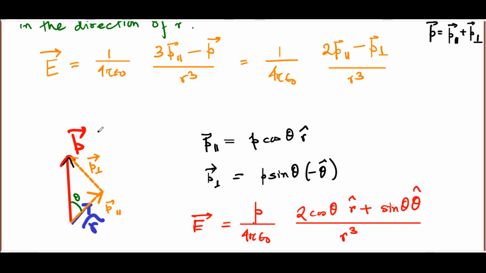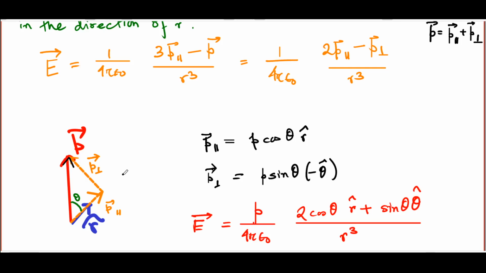Here we are going to choose the direction of the dipole itself as our z-axis. So you have p parallel, which is a component of p parallel to r hat, plus p perpendicular, giving you p. Now it's easy to see that the length of p parallel is nothing but p times cosine theta. And it's of course in the direction of r hat. So you get p cos theta r hat for p parallel.